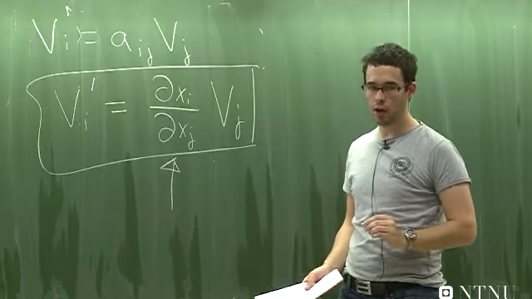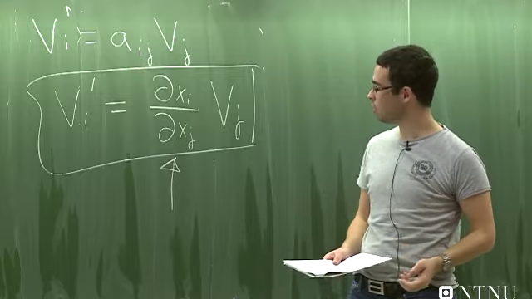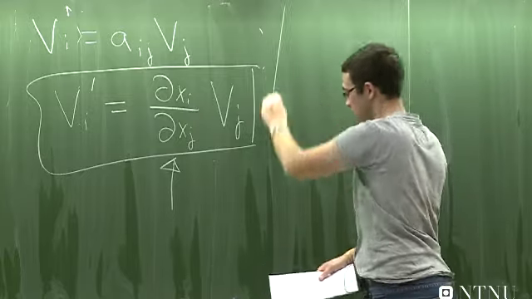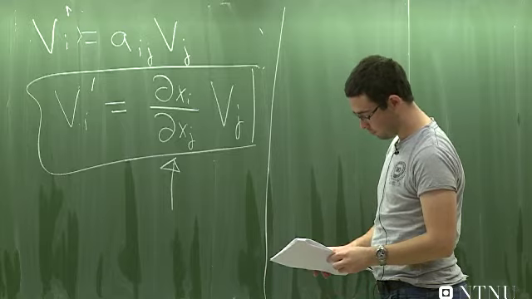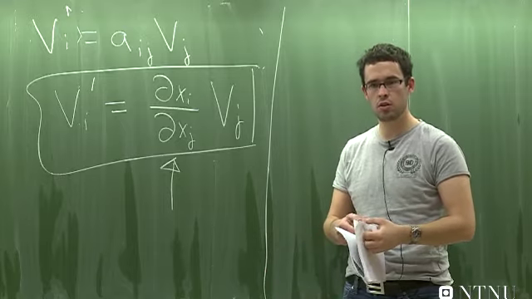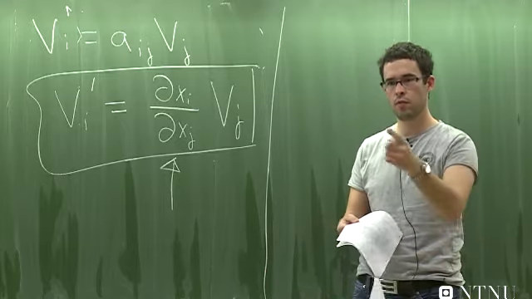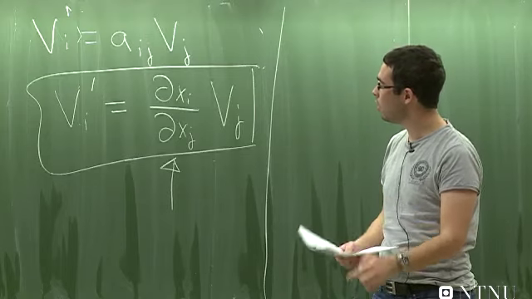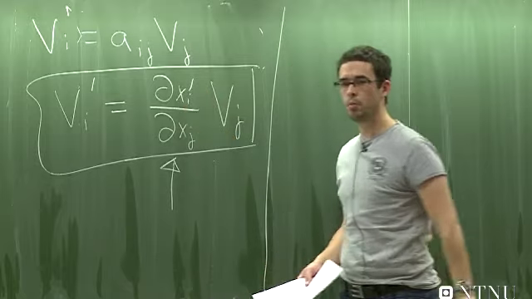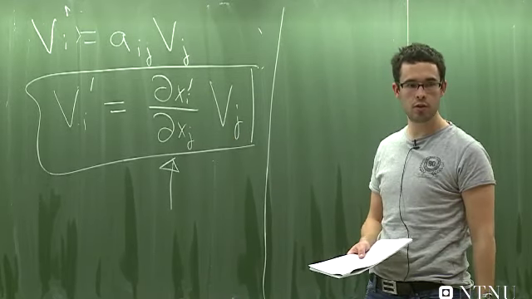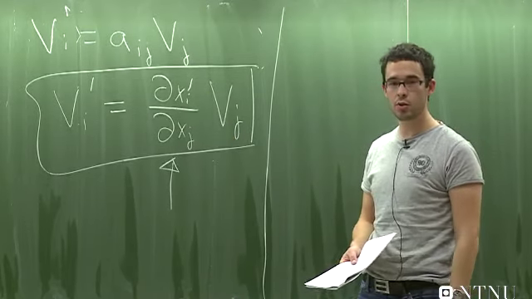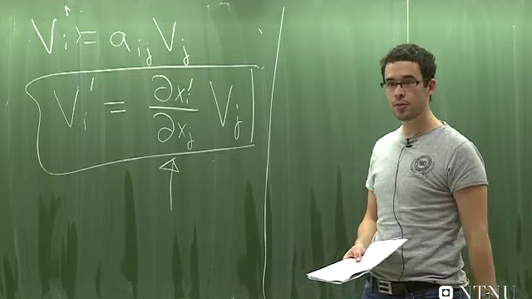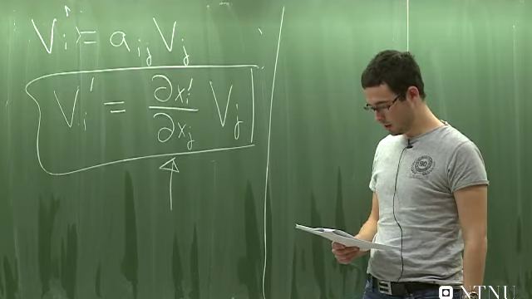You'll notice that the factor Aij is the same no matter what kind of vector I'm transforming. Any questions? Yep, perfect. Any other mistakes or questions? Okay.